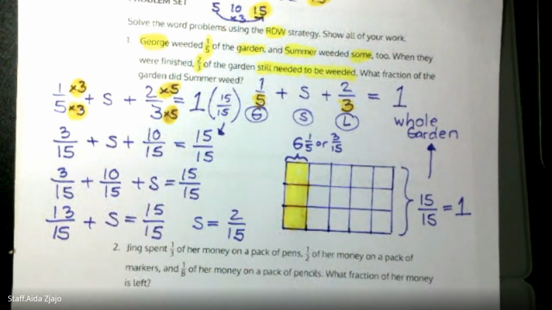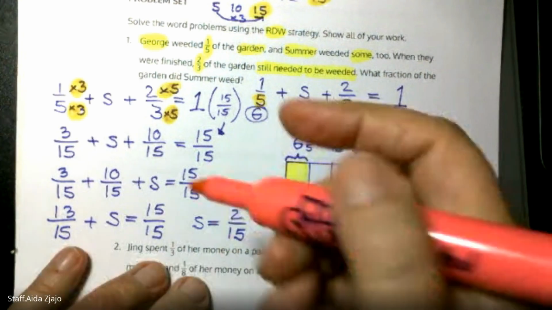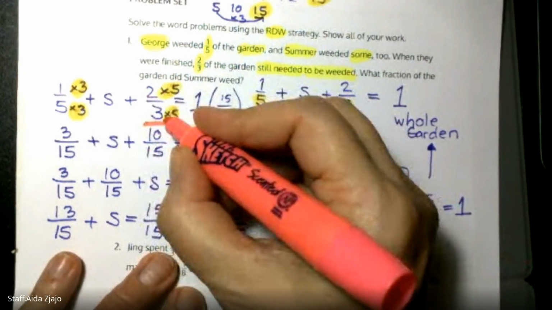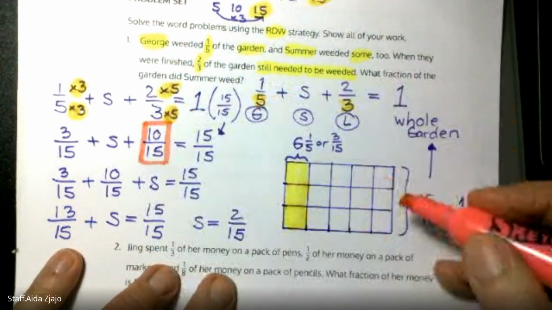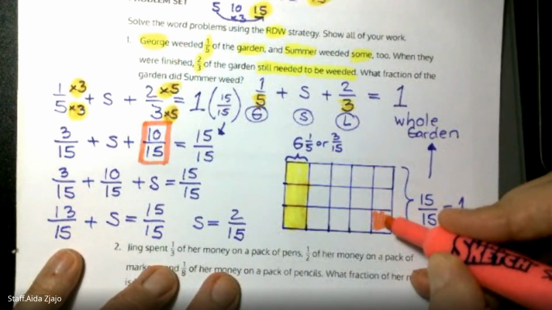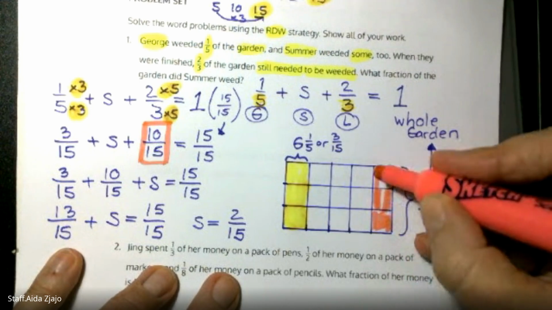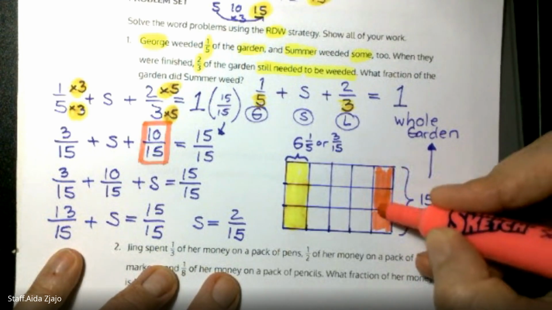I'm going to take the pink to be our leftover. So 1, 2, 3.